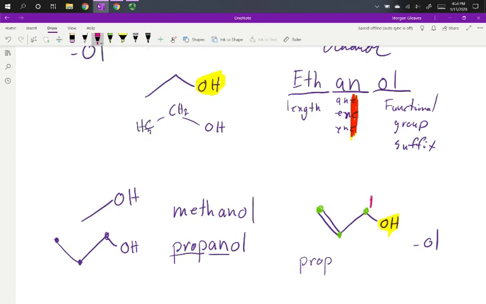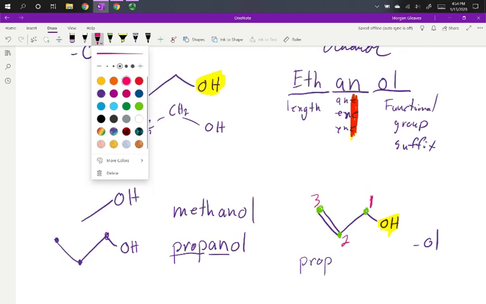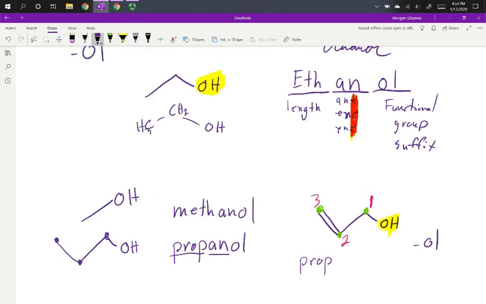Now, the carbon the OH is on is carbon 1 because it's the end of the chain. I had a choice between the left and the right. The 1 with the OH gave me the lowest first number for OH, so 1, 2, 3. Well, this means I have a 1-position alcohol and a 2-position double bond.